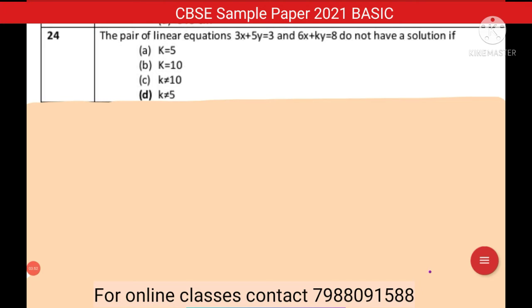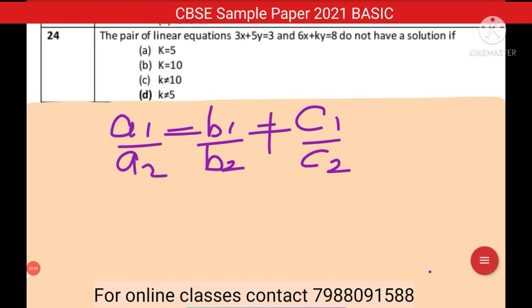Question number 24 says that this pair will not have a solution if K's value is this. So for no solution, the condition is A1 over A2 is equal to B1 over B2 but not equal to C1 over C2. Now A1 over A2 is 3 by 6, right?